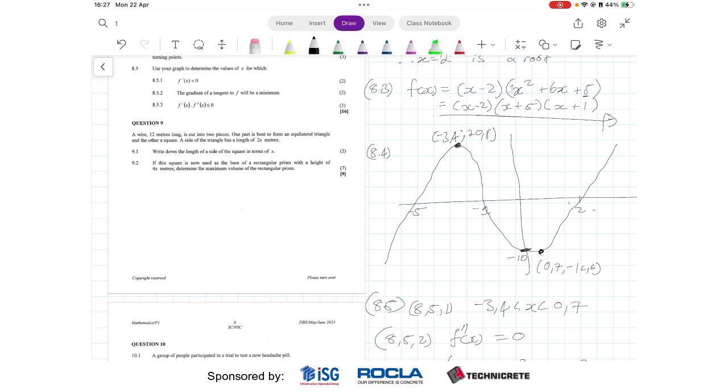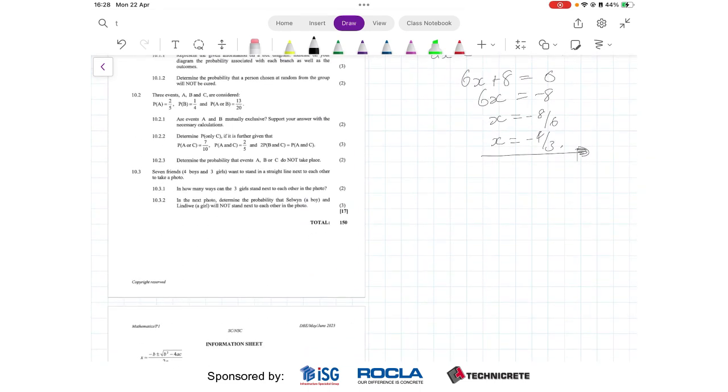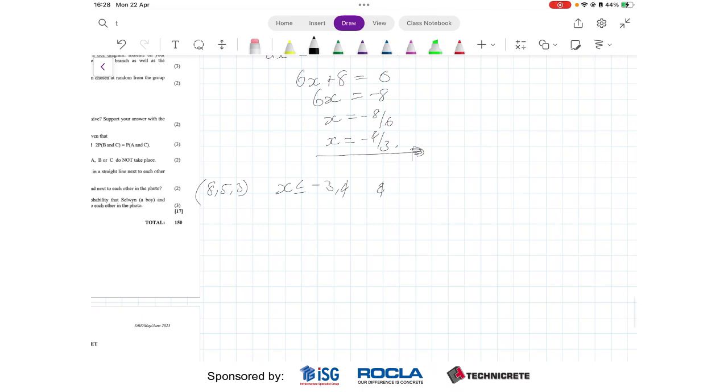Okay, 8.5.3. We are asked to find the values for which f prime at x multiplied by f double prime at x is less than or equal to 0. Using your graph, this is going to be the interval where x is less than or equal to minus 3.4. Actually, this should be where x is between minus 4.33 and 0.7.